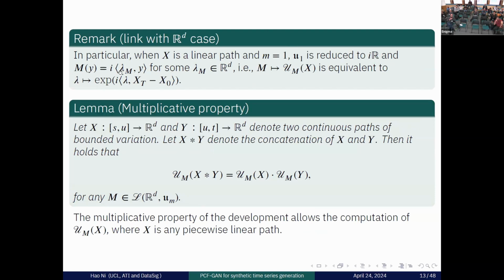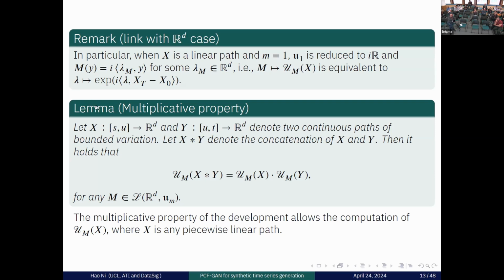So for every linear map M, we actually can identify a constant vector lambda M such that the linear map M could be rewritten as i times the inner product of lambda M and y. Here you can see that the unitary feature of order 1 is actually just this exponential map, which is used in the classical characteristic function.